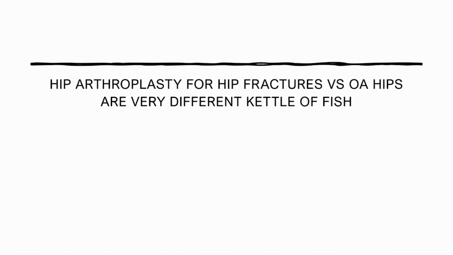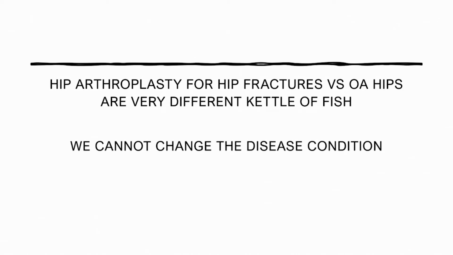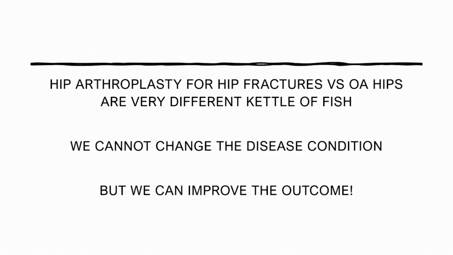Thus, we can see that hip arthroplasty for hip fractures as compared to osteoarthritis of the hips are a very different kettle of fish, with very different outcomes and mortality rates. And this difference is attributed to the disease condition itself rather than just the pre-existing comorbidities.